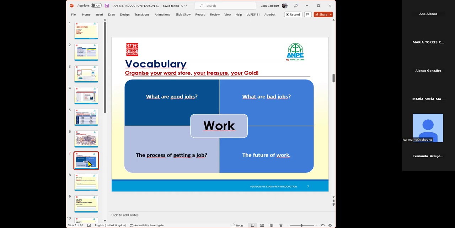Very often when people are learning a language, they like to write a list. All the words in English, all the words in Spanish. That's not the best way, because in a list, the words are not interconnected. But if we use this format, the words are interconnected with other words in the same set.